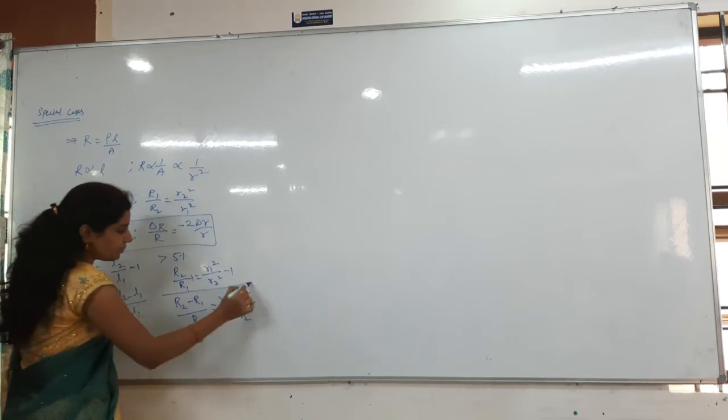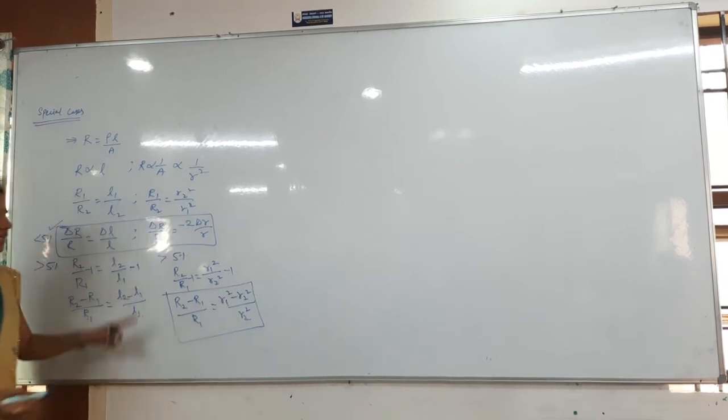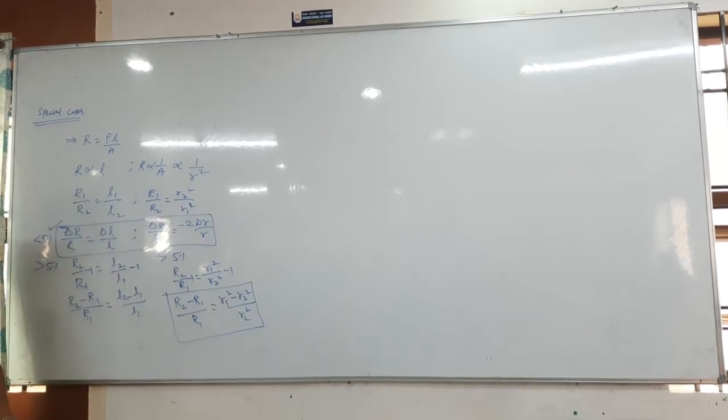This is how you have to do the percentage change problems, if it is greater than 5 or less than 5. Clear? I think you have copied this one. At the same place you just copy this one also.